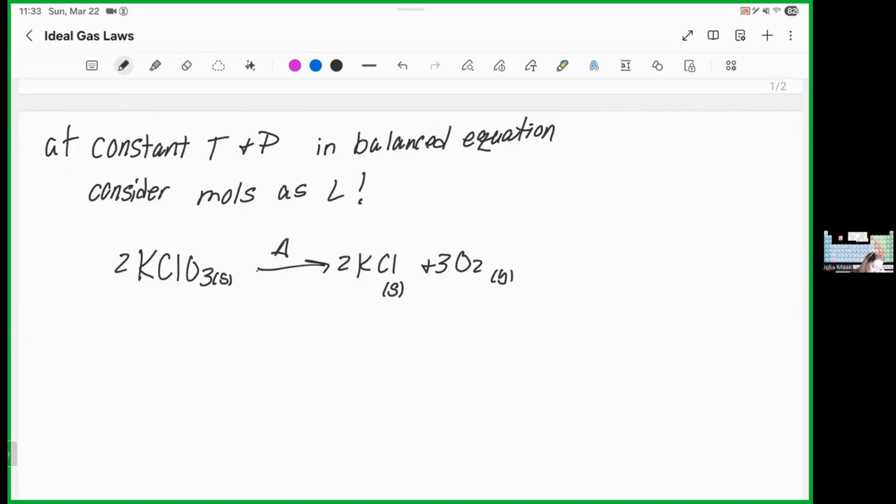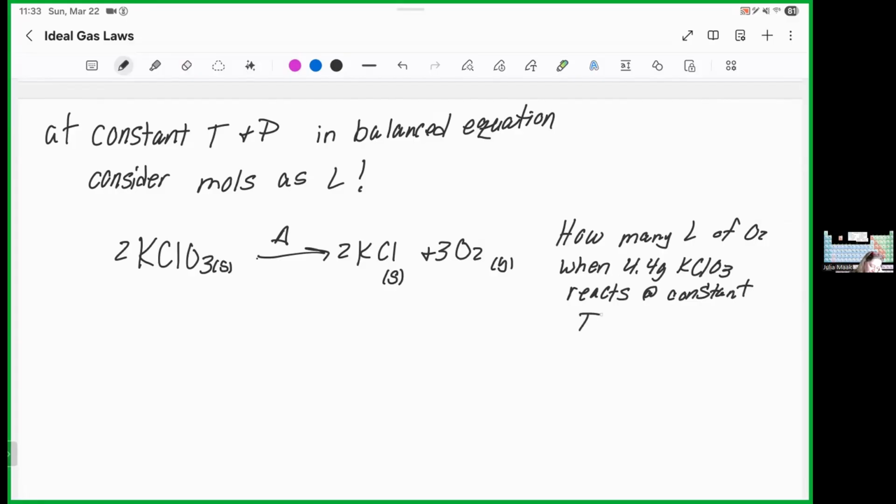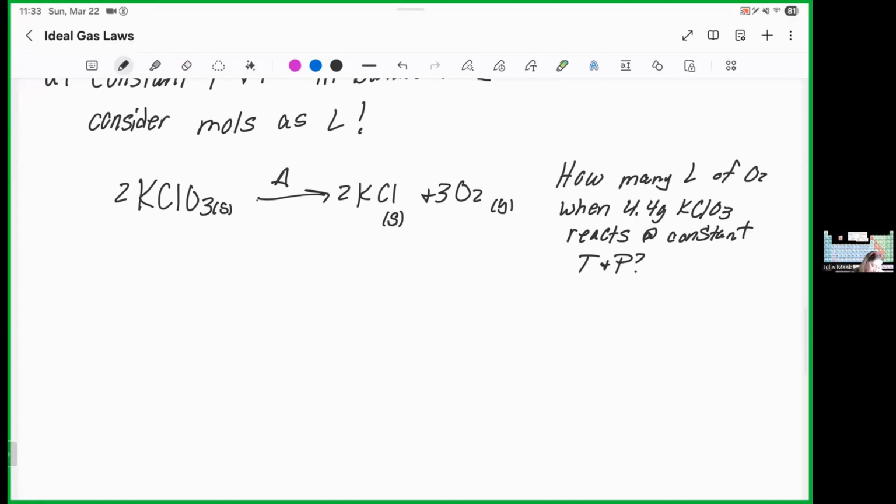So what if I ask how many liters of oxygen when 4.4 grams of potassium chlorate reacts at constant temperature and pressure. My question is how many liters of the oxygen gas, and I'm going to start with the only number I know, my 4.4 grams of potassium chlorate.